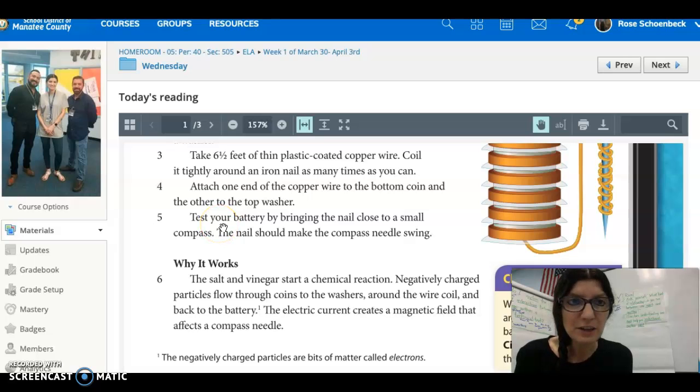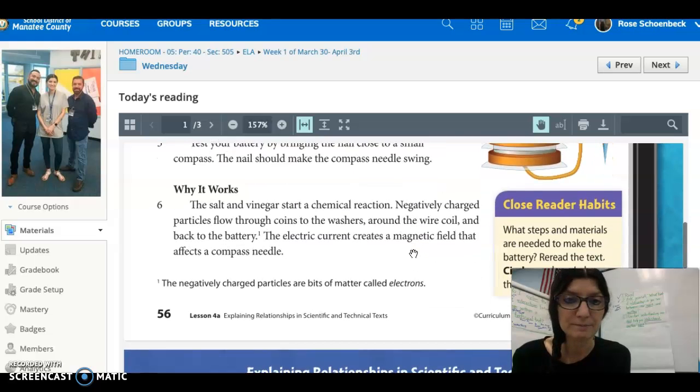So test your battery by bringing the nail close to a small compass, and the nail should make the compass needle swing. So it's talking here about a scientific word, compass, and it's telling you to test and to bring the nail close. And then it's telling you what it should do. The nail should make the compass needle swing.